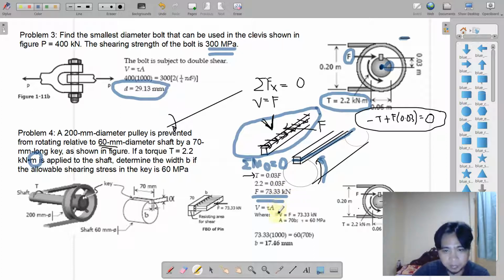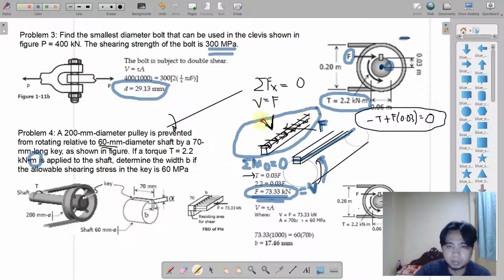Okay, so after getting our F, F is actually also the shear force, isn't it? Because of this, okay. F is external force. It is being resisted by internal force, series of shear along the cut section.